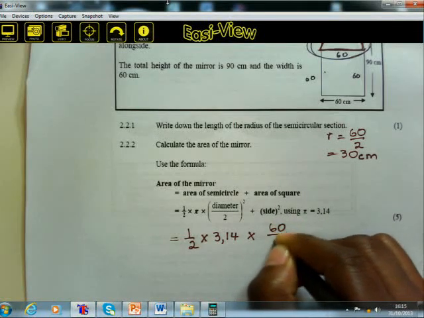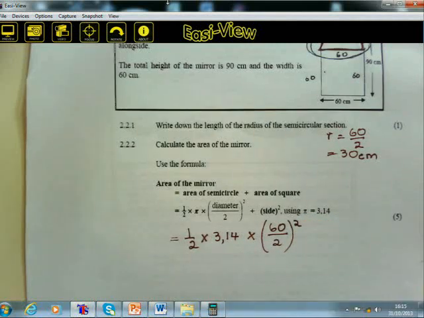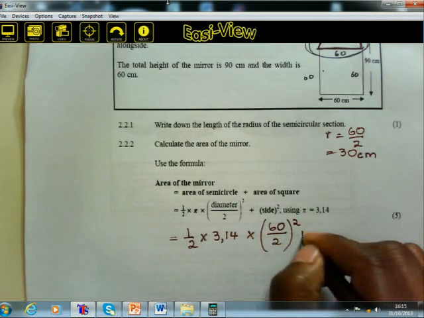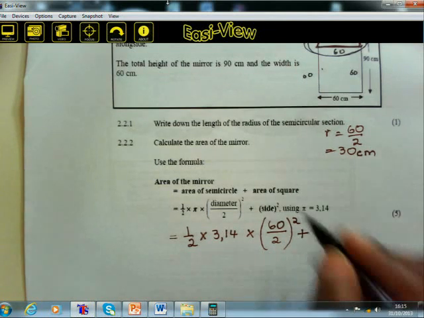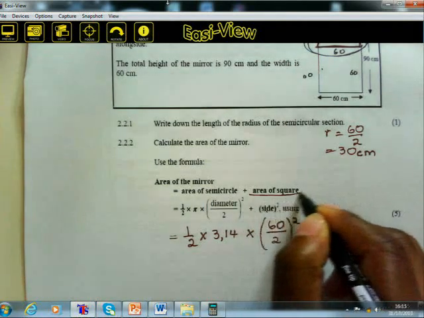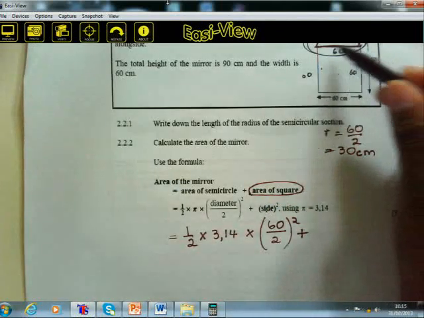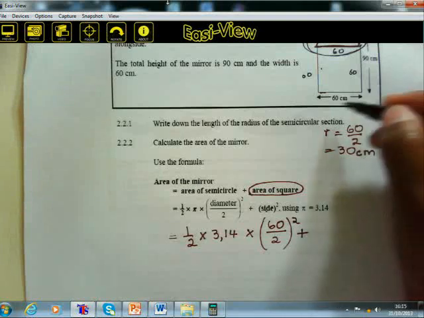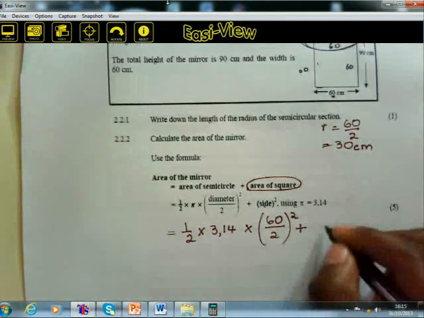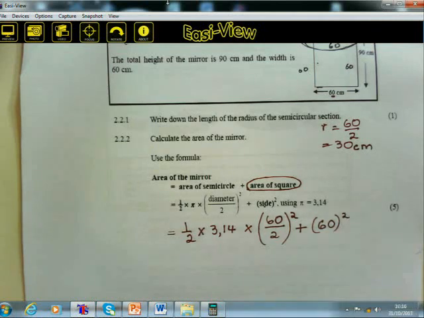So 60 divided by 2, everything is squared, and then plus side squared. Side squared from the area of the square. Remember, we said this is our square. So each side is equals to 60 centimeter. So it will be 60 squared.